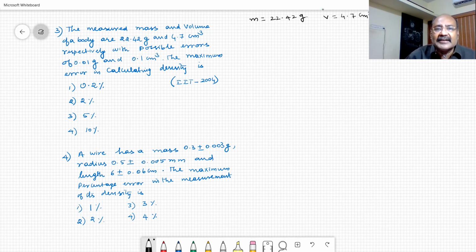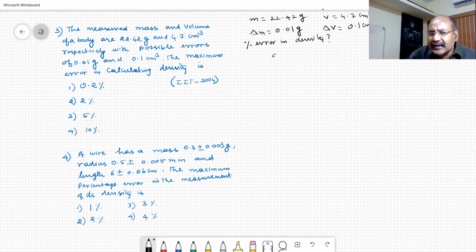With possible errors, delta M is 0.01 gram, and the possible error in volume, change in volume, is 0.1 centimeter cube. You are asked to calculate the maximum error, that is percentage error. Percentage error in density is asked.